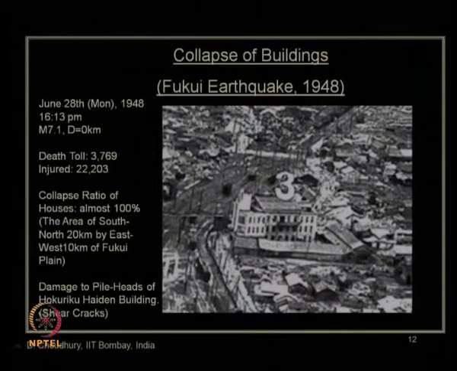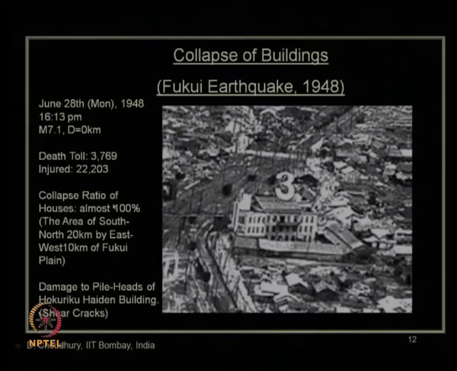We have seen in the previous lecture about collapse of buildings, a case study from the Fukui earthquake of Japan, which occurred in 1948. This is the day, date and time, with magnitude and epicentral distance of the earthquake, amount of loss of human life and injuries.